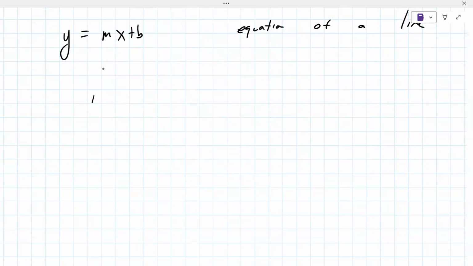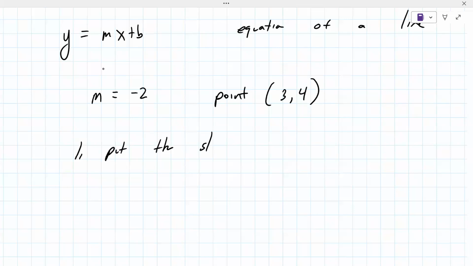So we're going to focus on this right now. I'm going to give you some problems. Let's say the slope is -2 and it goes through the point 3, 4. So what does this mean? Well, the first thing you do is you put the slope in for m. So this becomes y equals -2x plus b.